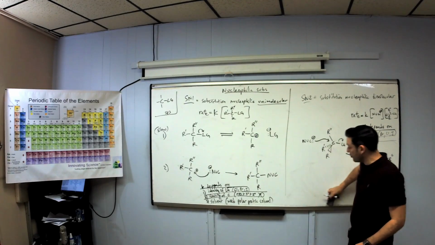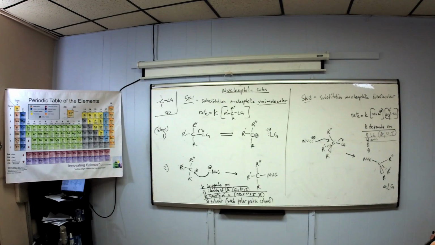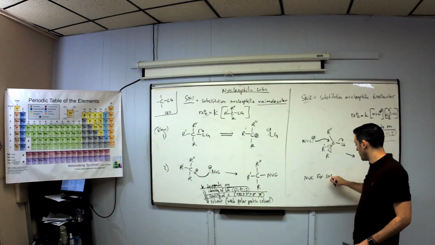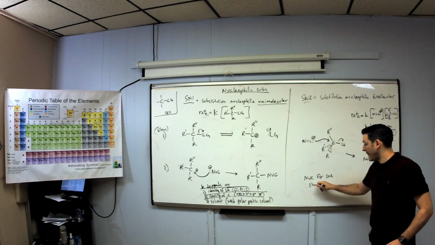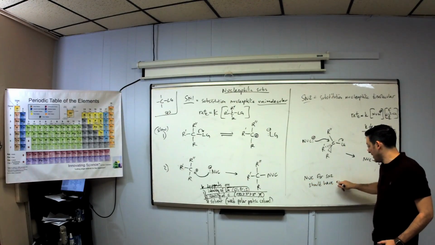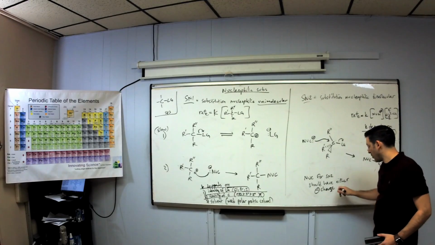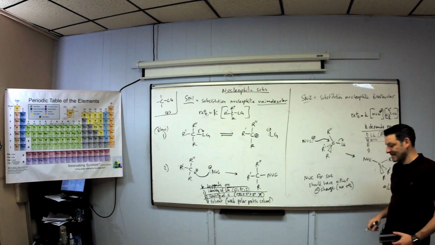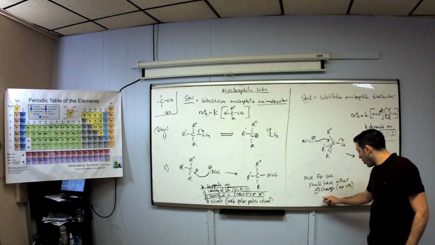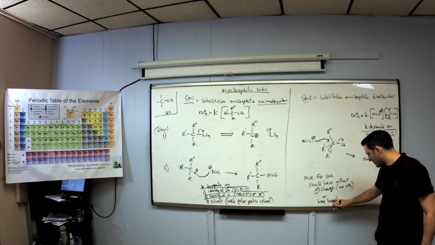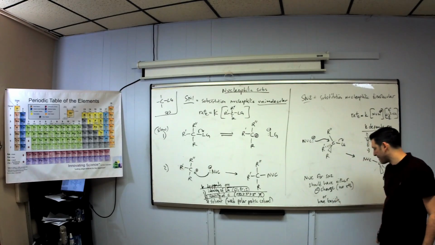In order to get an SN2 really going, you need a nuke that has some basicity in it. So your nuke for SN2 should have either a negative charge with no resonance, or have basicity.